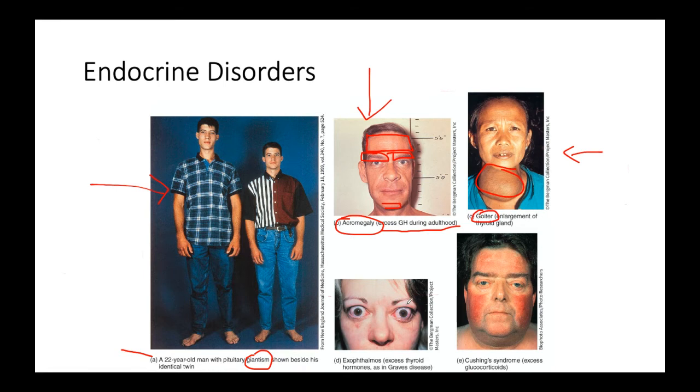Here in the middle on the bottom, this is called exophthalmos. This is seen with a hyperactive thyroid in a condition called Graves' disease. Notice you see the white of the eye on the top, on the side, on the bottom. Typically, you shouldn't see the white of the eye on the top.